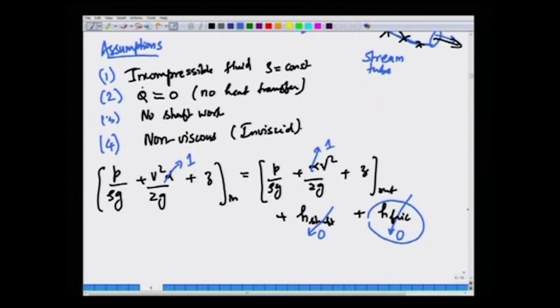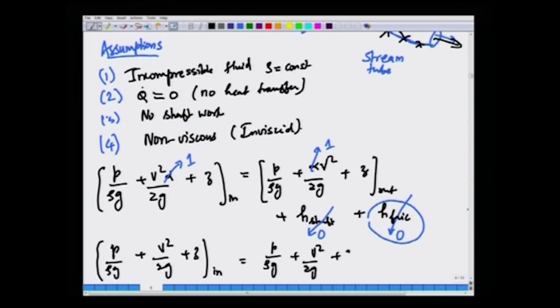If you do all this, you will get a simple equation: P by rho g plus V squared by 2g plus Z at inlet is equal to P by rho g plus V squared by 2g plus Z at outlet.